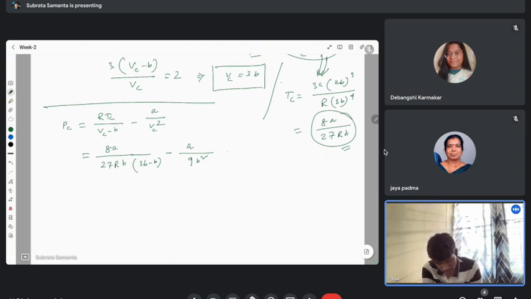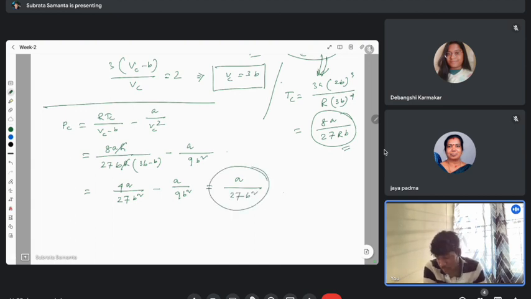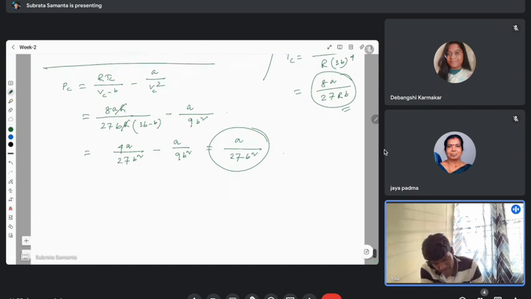The R cancels. So that means we are getting 4A over 27B square minus A over 9B square. So we get A over 27B square. So this is your PC. Okay, so this is the critical pressure.